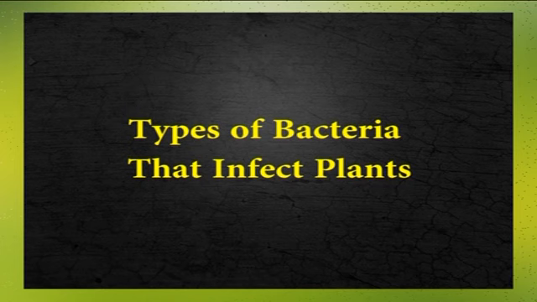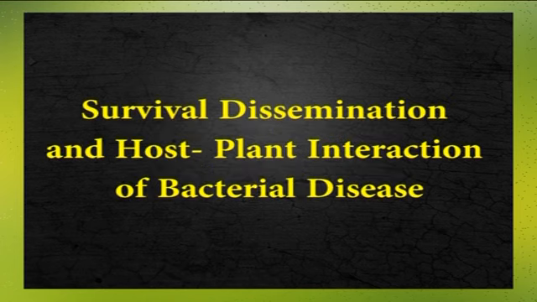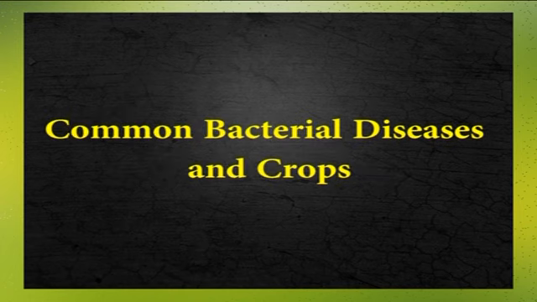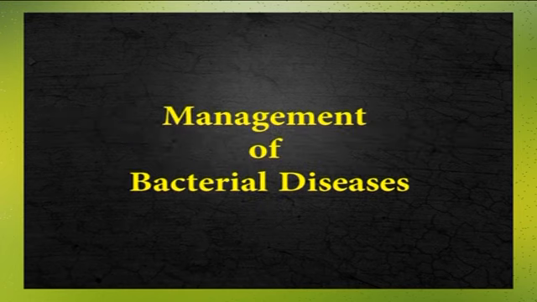Hence, in this episode, the following aspects are going to be seen: types of bacteria that infect plants, survival, dissemination, and host plant interaction of bacterial disease, signs and symptoms of bacterial disease, common bacterial diseases and crops, and finally, management of bacterial diseases. Let us study about these aspects one by one.